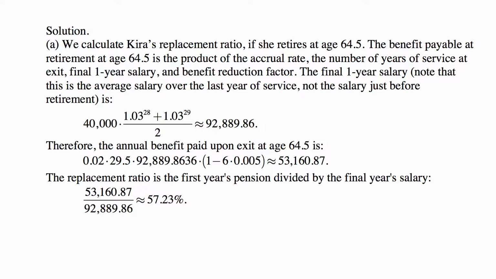And the replacement ratio is the ratio of the benefit to the final year's salary. You could interpret it as the pension divided by the salary just before retirement, but that's not what the Society of Actuaries was looking for. They wanted to compare to the final year's salary over the whole year, average over the last whole year. And as you can see, it's very close to 57%.